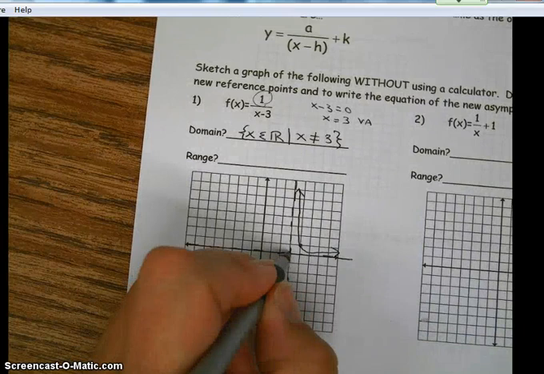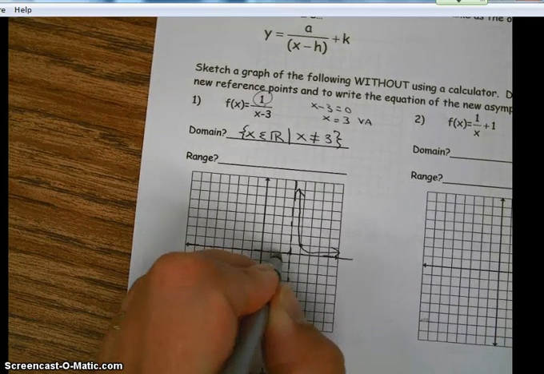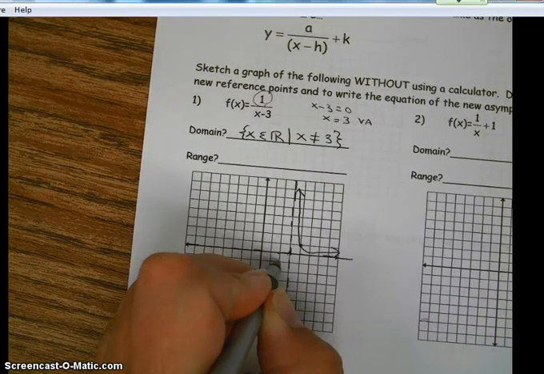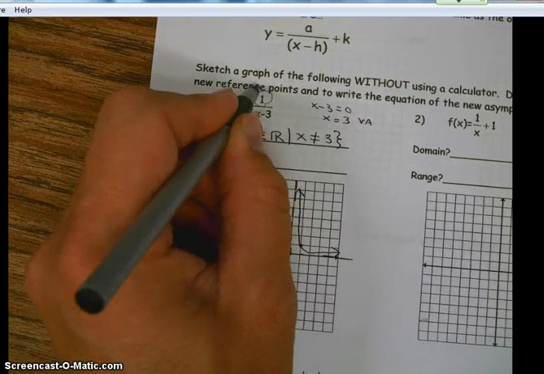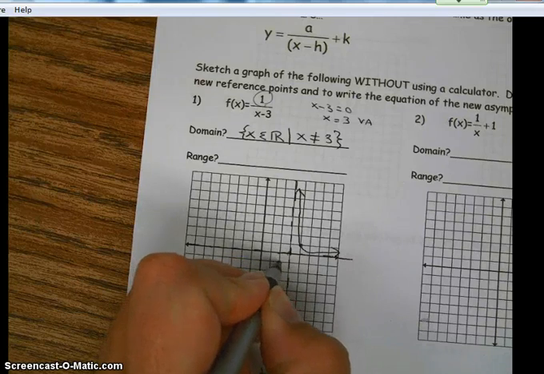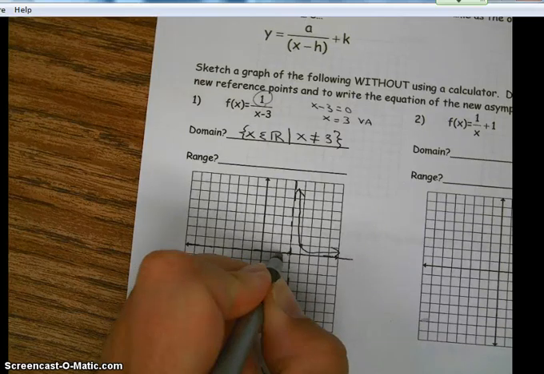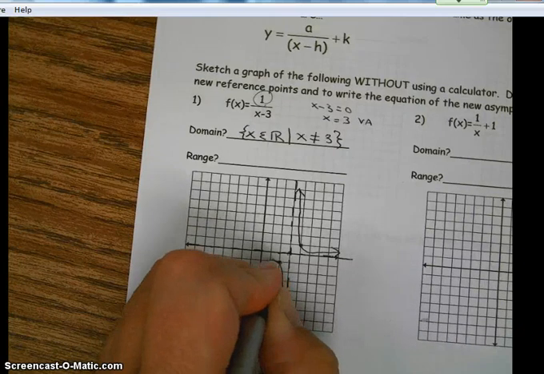And then to get the other portion, we go to the left 1, and this time we go down 1. You might be thinking, well, hey, Mr. Kramer, it's positive 1, right? But if you go left 1, that's negative 1. And if you go down 1, that's negative 1. And negative 1 over negative 1 makes positive 1. Then we make the other part of the graph right here.